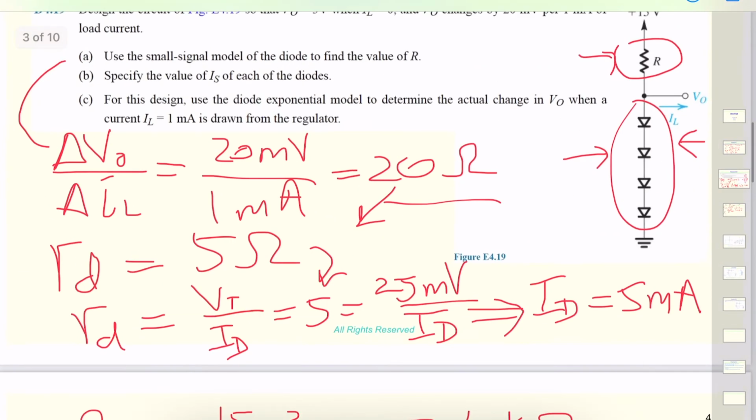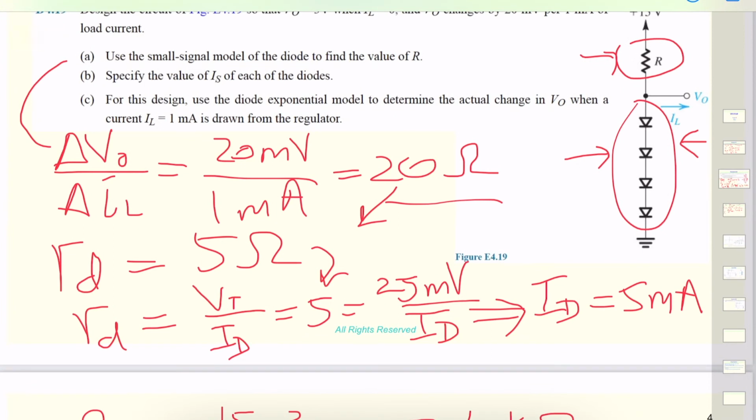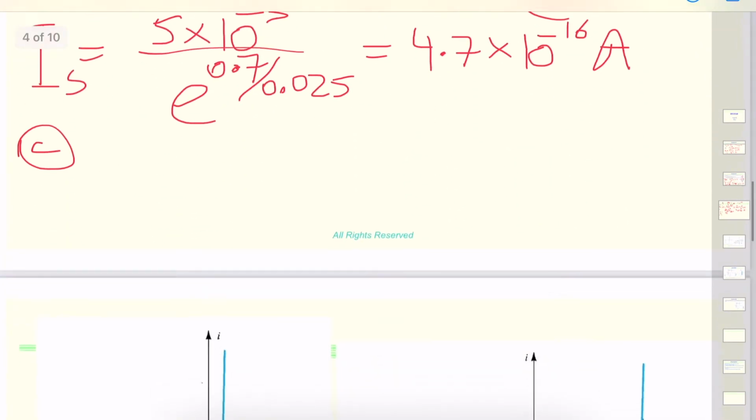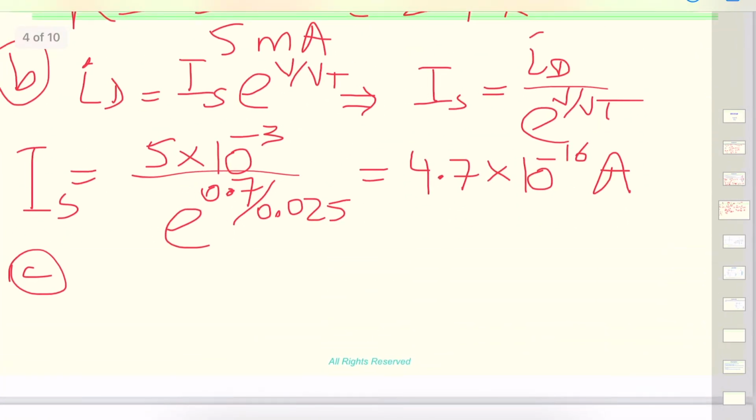Now the third one. For this design, use the diode exponential model to determine the actual change in output voltage when a load current of 1 milliamp is drawn from the regulator. So this word regulator, we'll just get into that. The idea is that this network of diodes results in a regulated voltage at the output terminal.